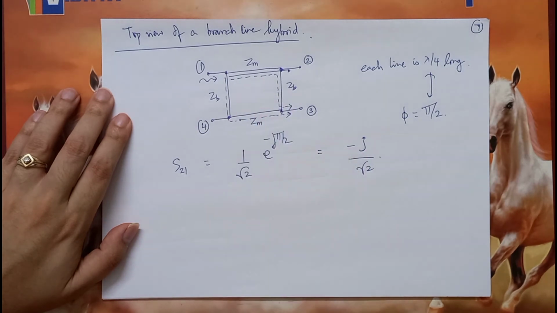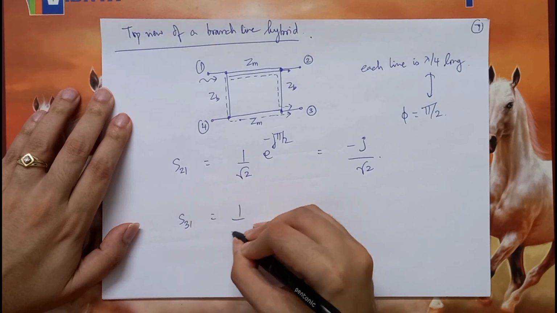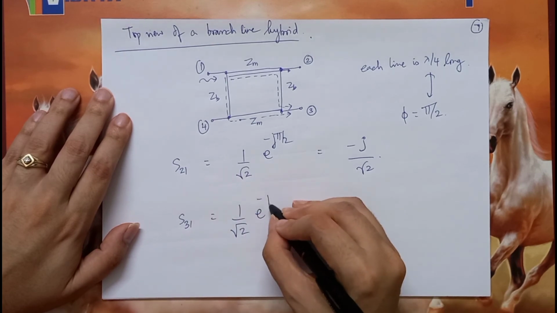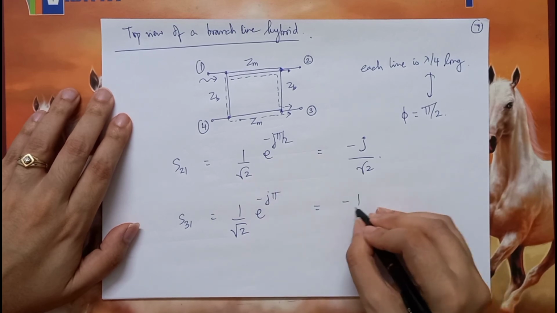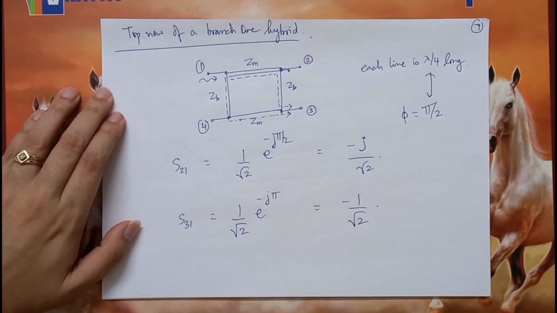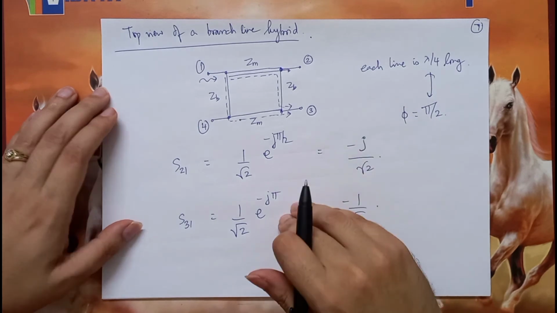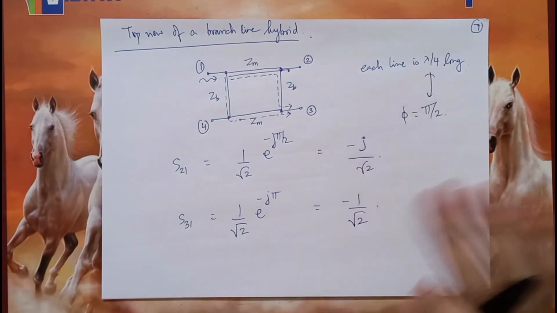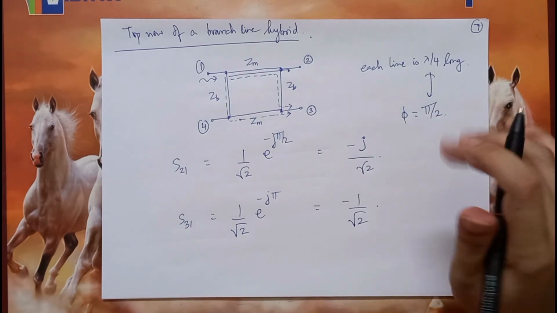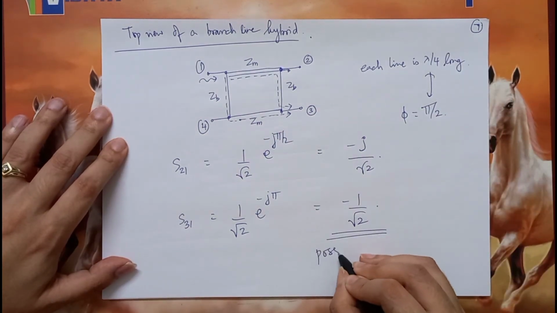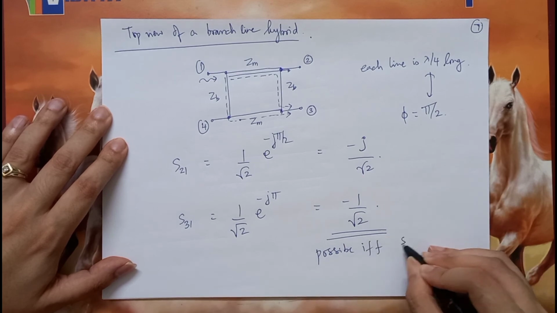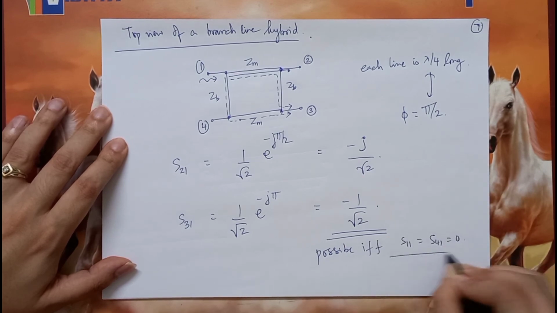So in this case the phase delay will be minus pi. So S31 will be the magnitude times e raised to minus j pi, which is nothing but minus 1 by root 2. So indeed it is possible to have this. Although our discussion is still quite superficial, this is indeed possible, if and only if S11 equals S41 equals 0.